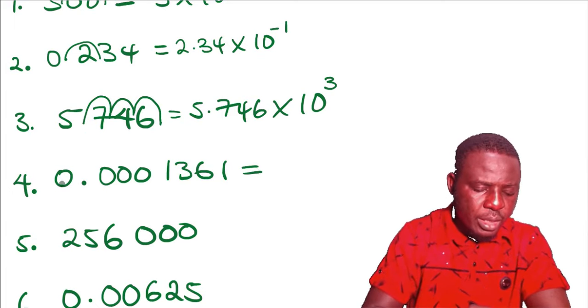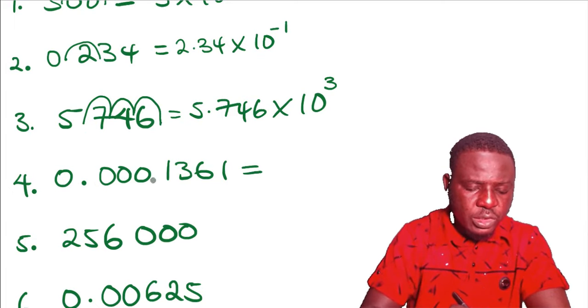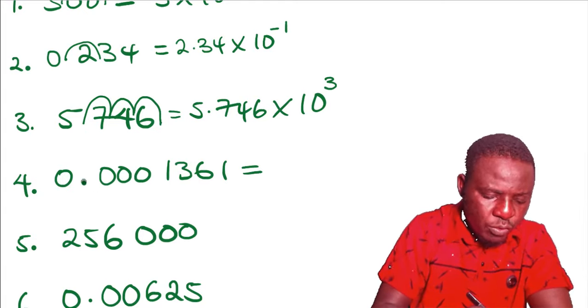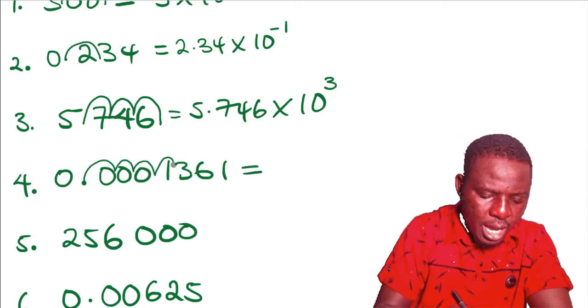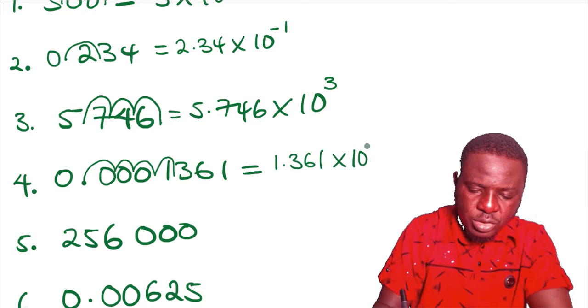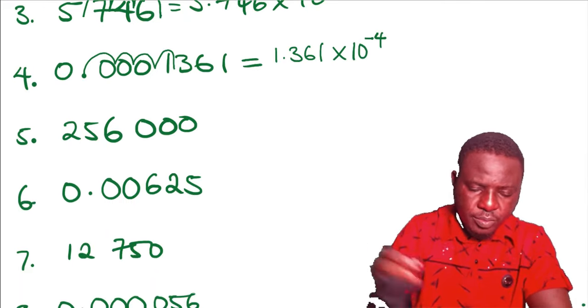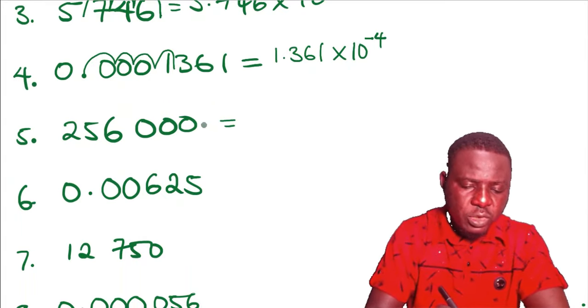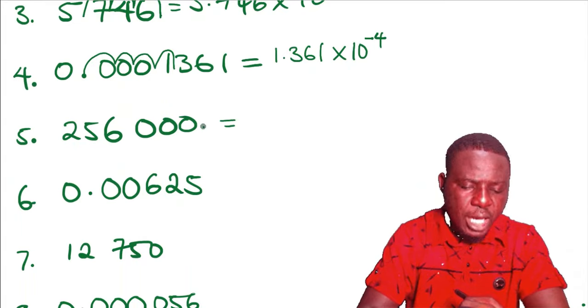Question 4, 0.000131. Now we are going to move it how many times? 1, 2, 3, and 4. So this becomes 1.31 times 10 raised to the power of minus 4. Question 5, this is 256,000. So the decimal point originally is here.